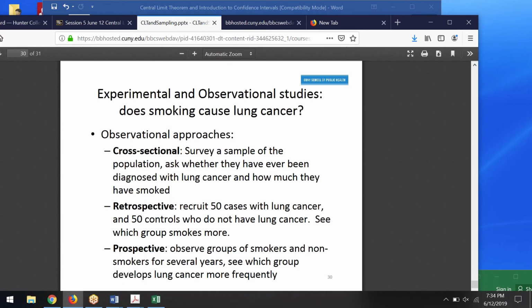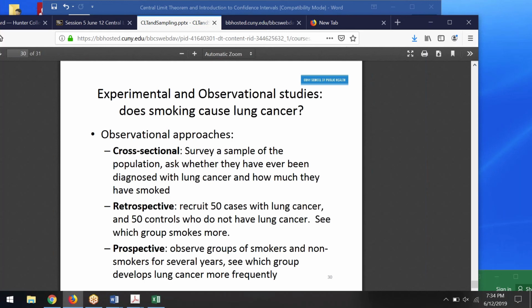So now you take 50 other people, same age range, working for the same company, except you're looking for 50 people who don't have lung cancer. Now you know that some of the people in that company work directly on the production floor where they're exposed to nickel or cadmium dust or something like that, where a lot of people work in the offices and in sales and they don't have that exposure.